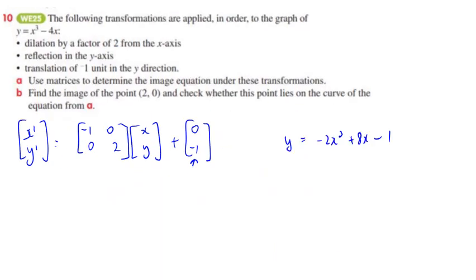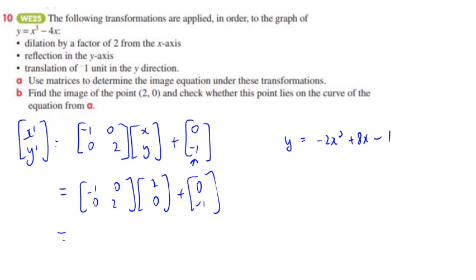Okay, so now we're going to have a quick look at part B. Now, when we're doing part B, let's see, it says find the image of the point 2, 0. So what we're going to need to do is to basically do negative 1, 0, 0, 2 multiplied by 2, 0 plus 0, negative 1. So let's see how this breaks down.